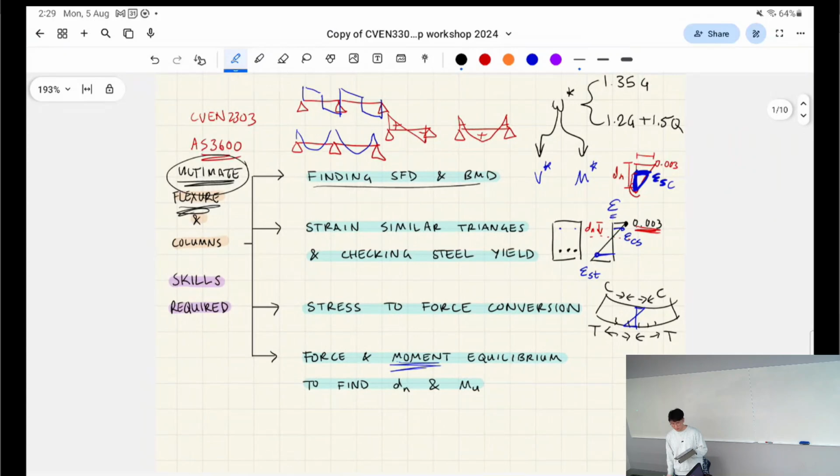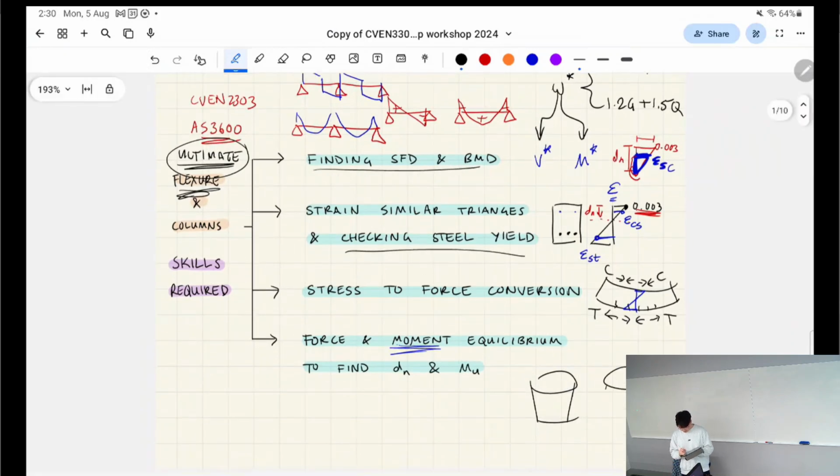But yeah, basically steel yield. Sorry, this is a bit of a stupid analogy. Imagine you have this bucket. It can hold a certain amount of water, and once this bucket's full, it can't hold any more water. So basically your bucket is FSY. It's the limit of stress that your bars can essentially give.